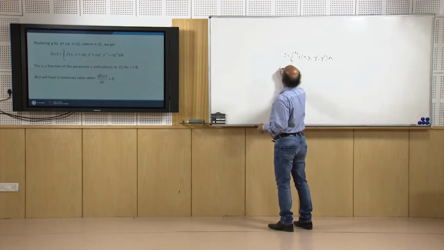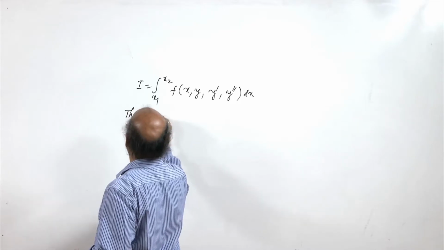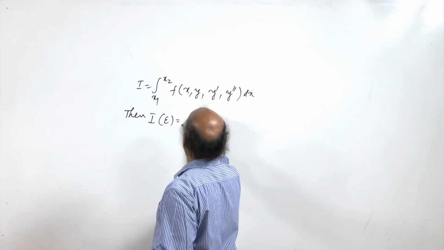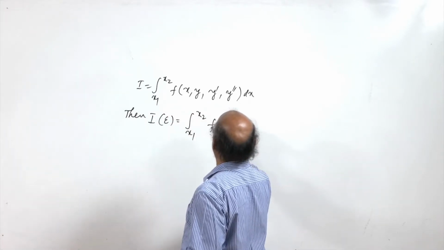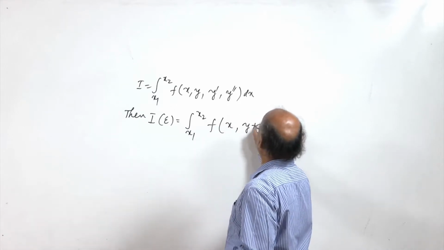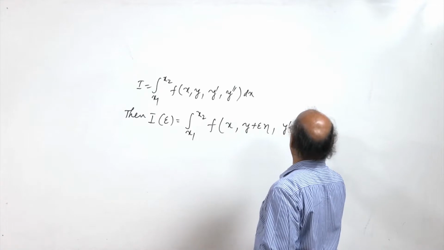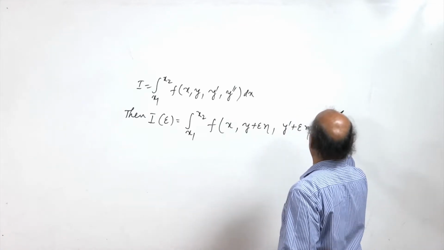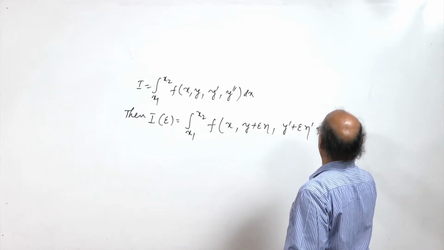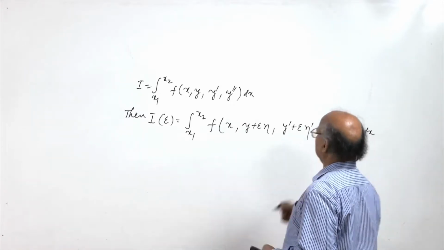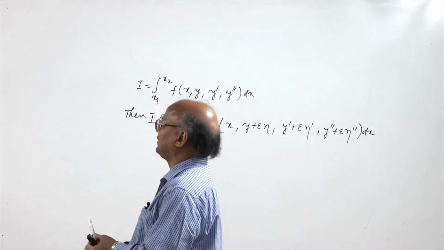So then I will be depending on the parameter epsilon, and we will have I of epsilon equal to this.